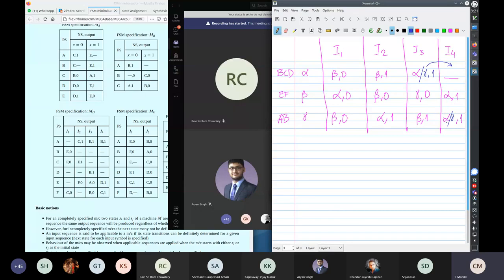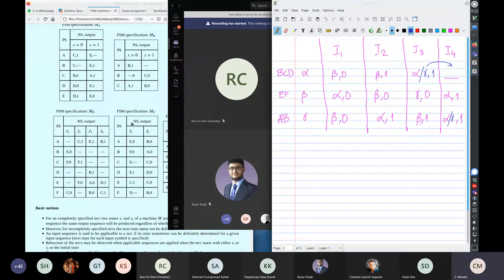Otherwise, you can maybe choose gamma. So it doesn't really matter much. Okay, so these are the options available to you.